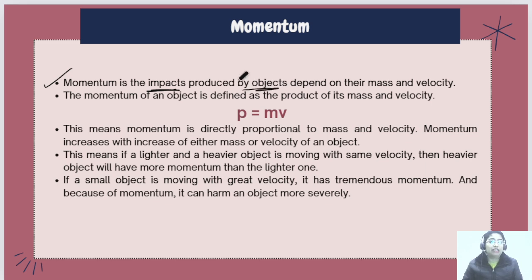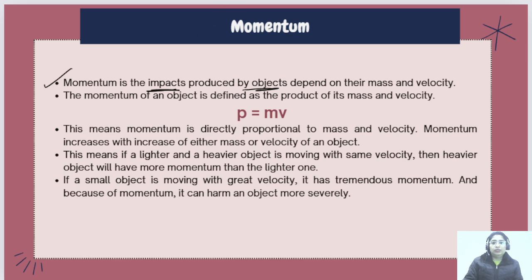If a truck is hitting somebody, it has more impact. Maybe the speed of the truck is slower than the speed of any scooter or bike, but still, as it has more mass, it has more impact. So it's the momentum. Clear?